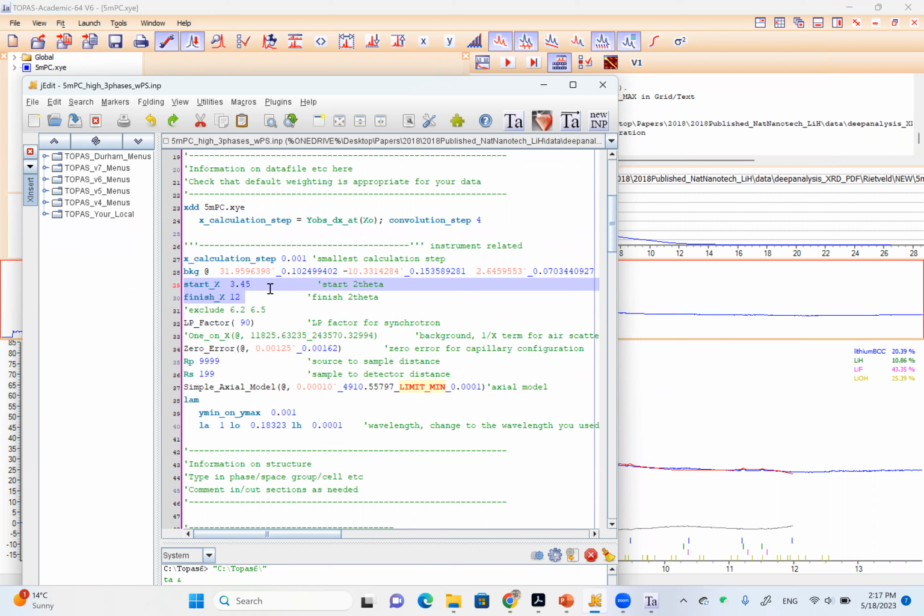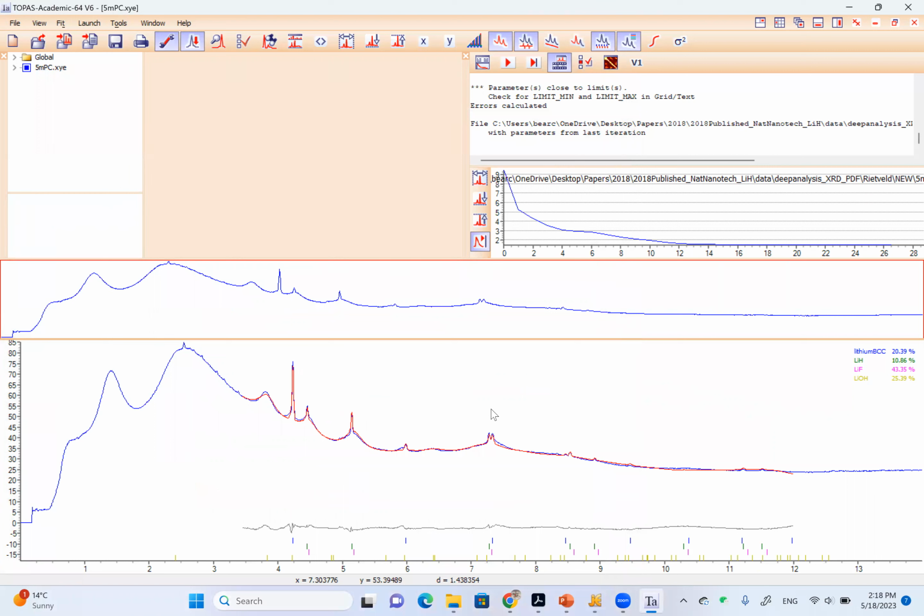The selection is based on your observation. So you need to observe what your data looks like, and then make an educated choice. What's your range for fitting?